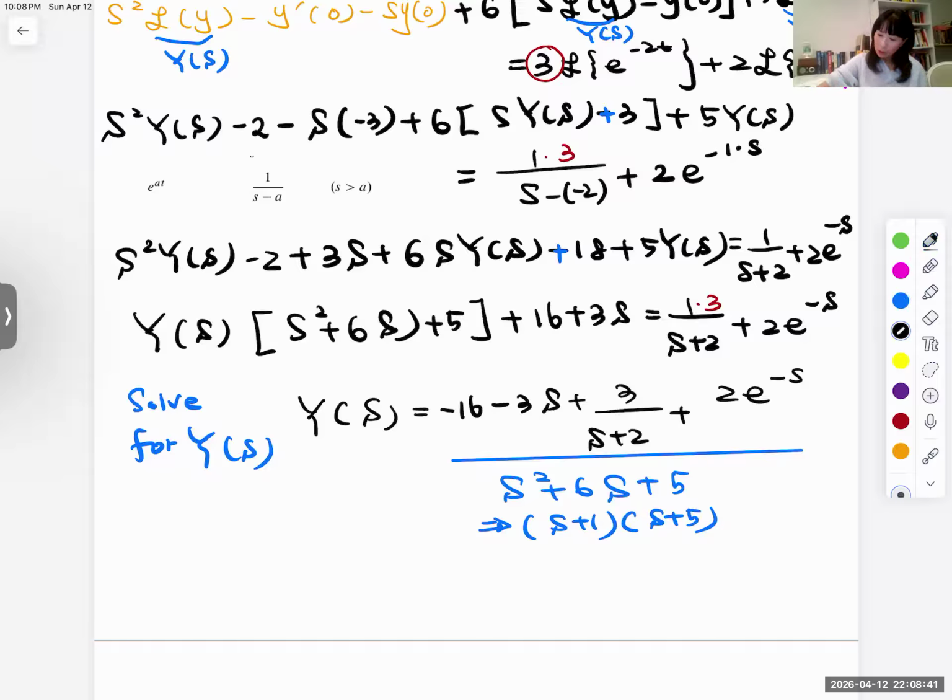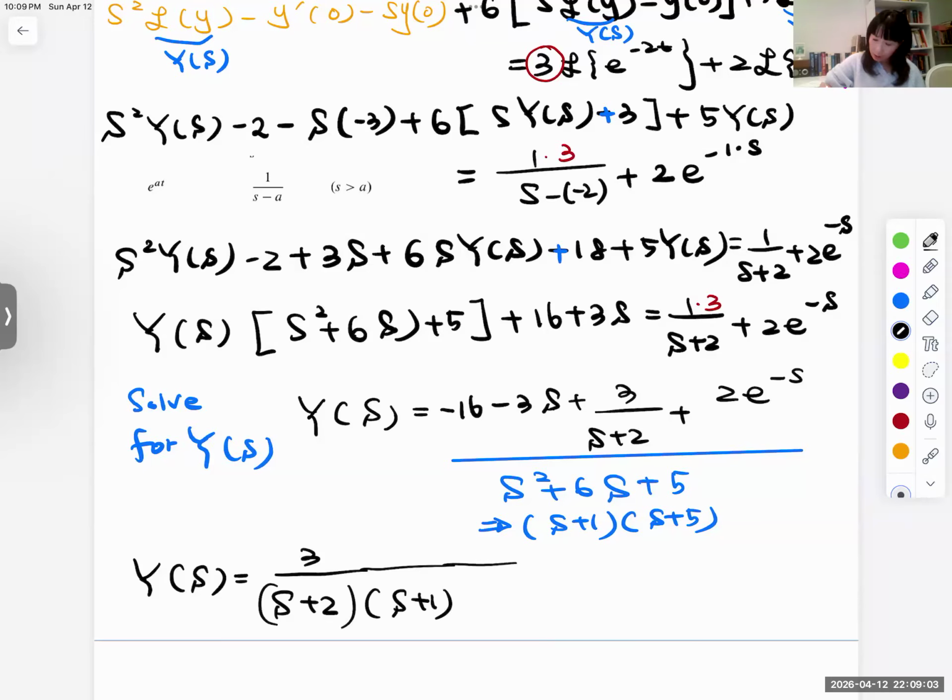Y of s equal to 3 over this one first, s plus 2, and then s plus 1, then s plus 5.